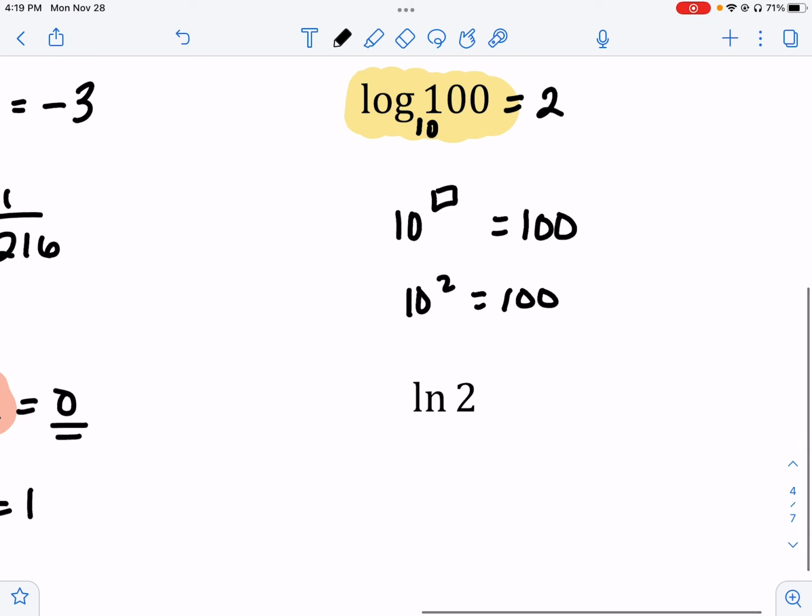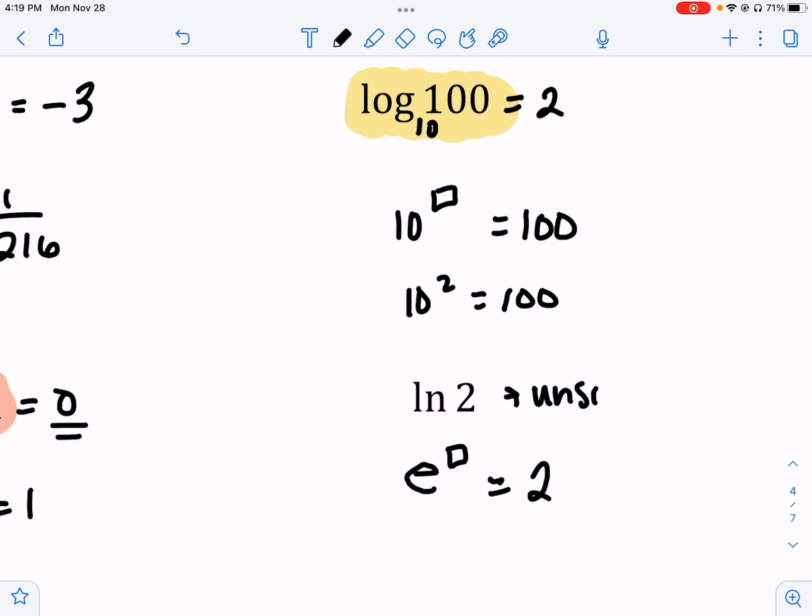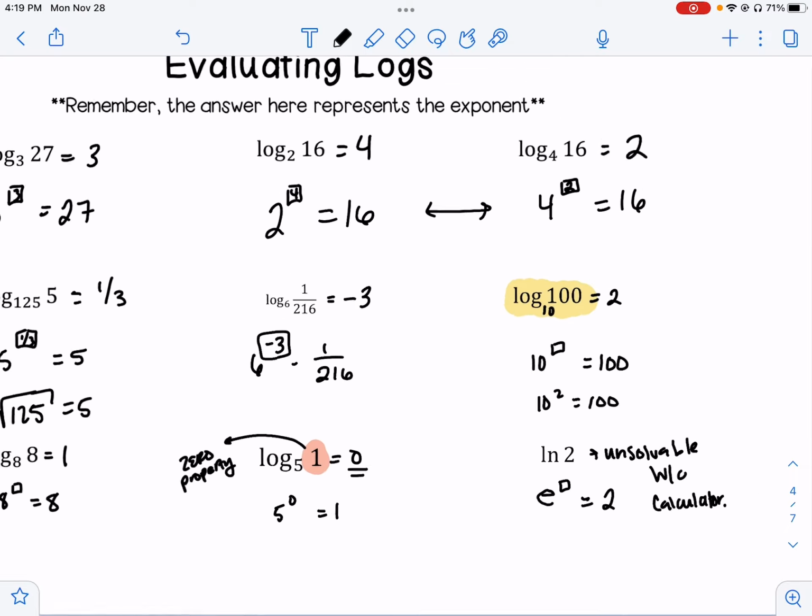This one here, I see that it's E, so it's asking me E to the what equals 2. Unfortunately, I don't know what that number is. So this one is unsolvable without a calculator. Now, it is solvable if you have a calculator, but without a calculator, at this point, it's going to be unsolvable.